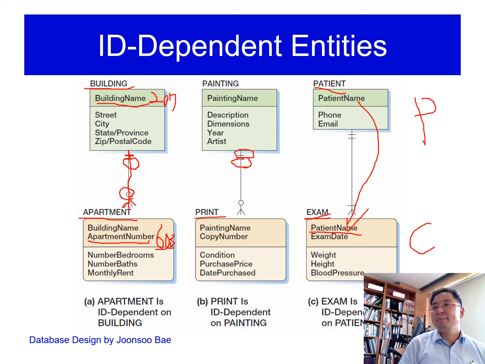All ID dependent entities can be represented using a solid line, and on the parent side there must be 1 in maximum cardinality and mandatory in minimum cardinality. These are the same rules in ID dependent entity representation. Okay, this was the example.